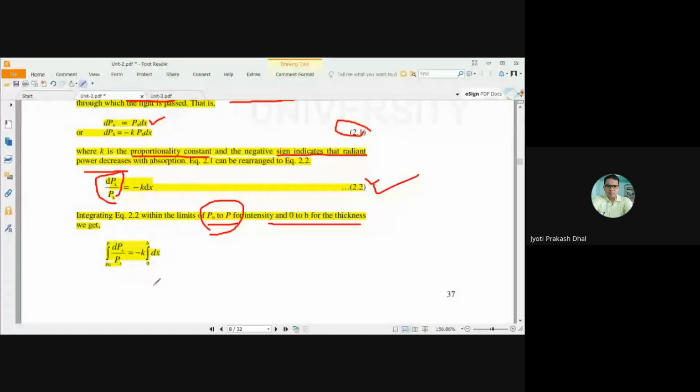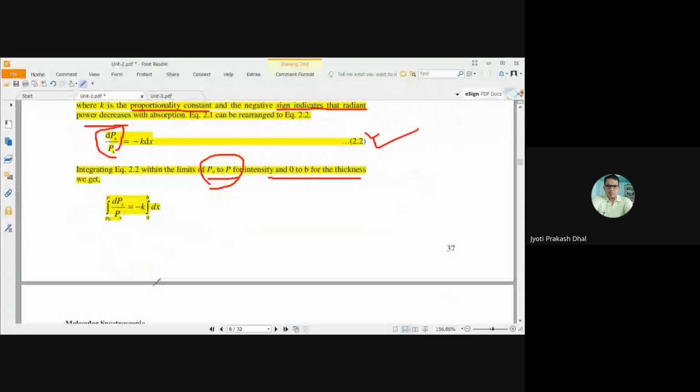So the left hand side is the integration for the intensity, with limits P naught to P, and the right hand side integration is 0 to b.